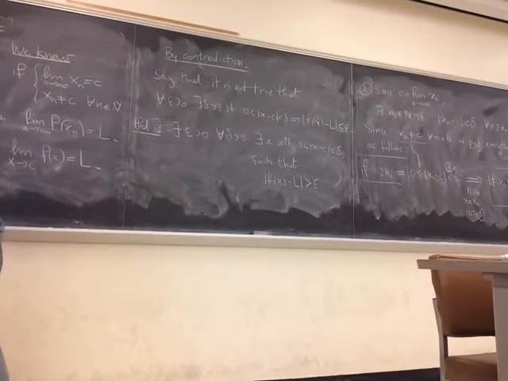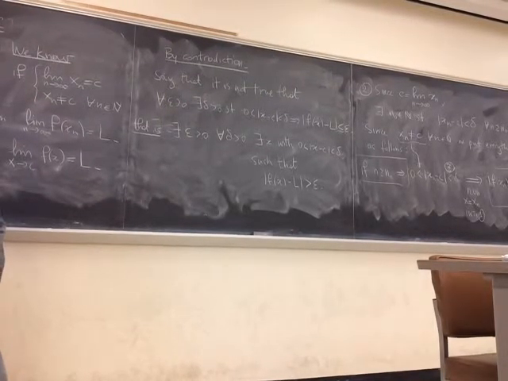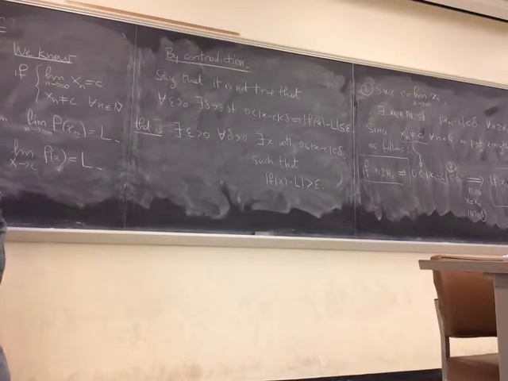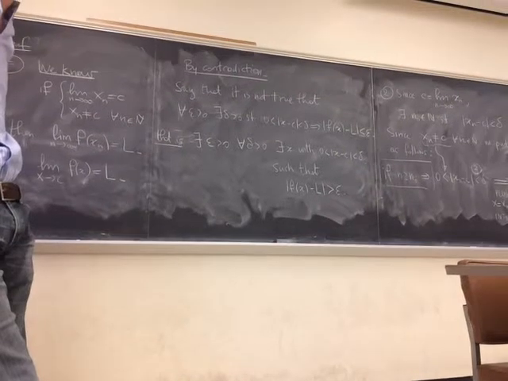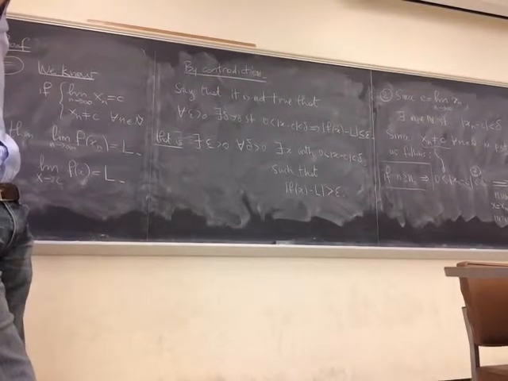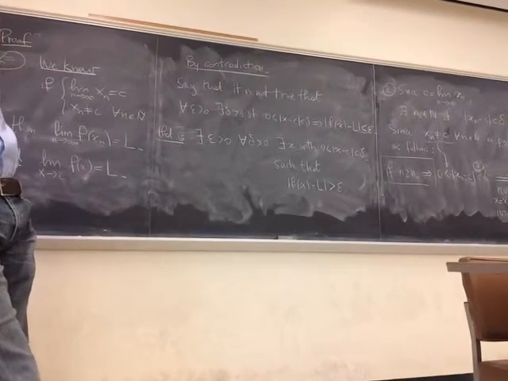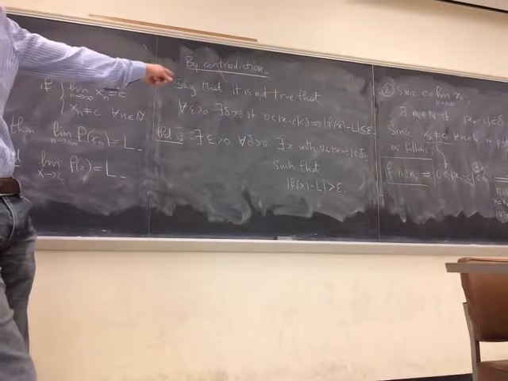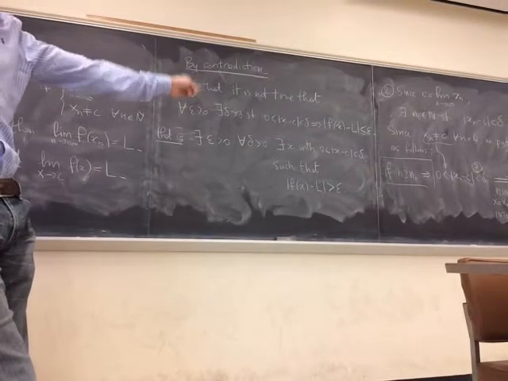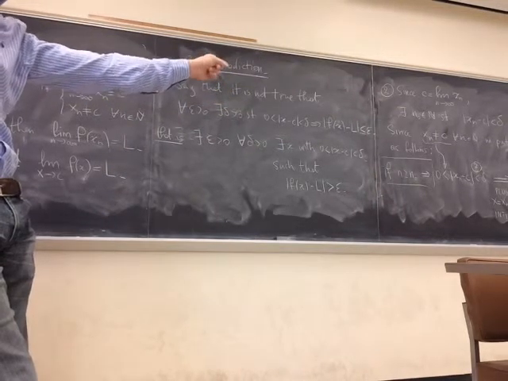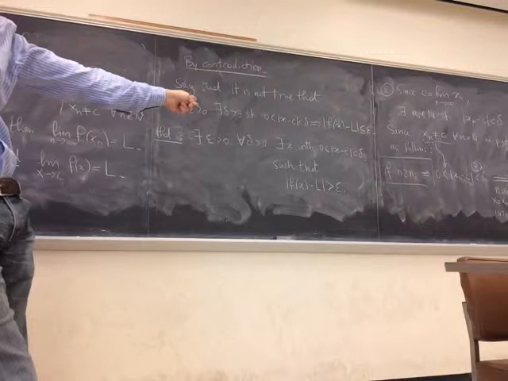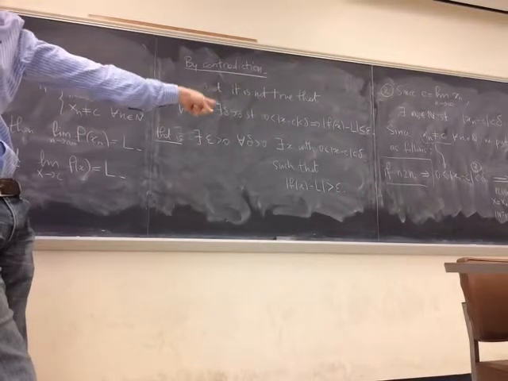So the fact that the limit is not L means that I can pick the value of epsilon, which would be my window around L, such that no matter how small is the opening I take around c, so no matter how small is delta, I will always find a point x within a distance delta from c, different from c, such that absolute value of f of x minus L is larger than my threshold.